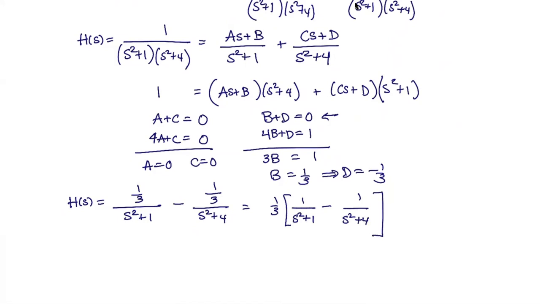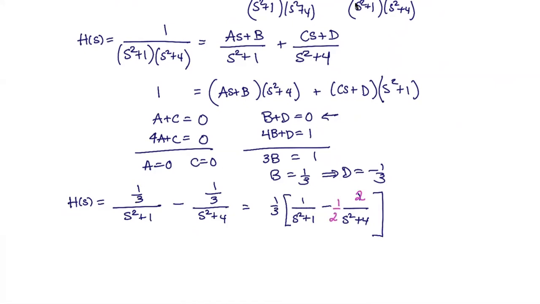But the s squared plus 4 is not quite right, because if we're to use the inverse Laplace transform, since we have the a squared right here, we need the a term up in the top. And so the a in this particular case is equal to 2, which means I need to multiply this term here by 1/2.